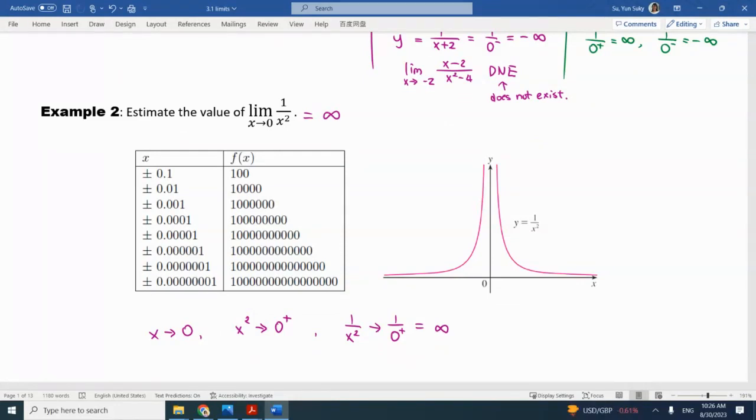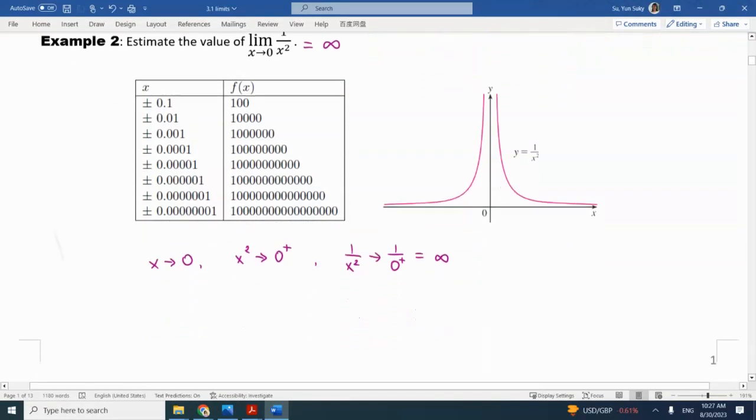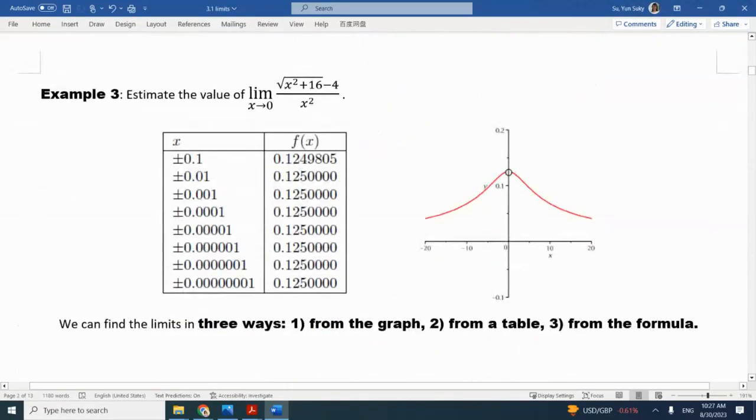Look at your y. Do you see it's getting bigger, bigger, bigger? Yeah, it goes to infinity. So there are 3 ways to find the limits. You can use the table, you can use the graph, and you can look at the formula and calculate algebraically.